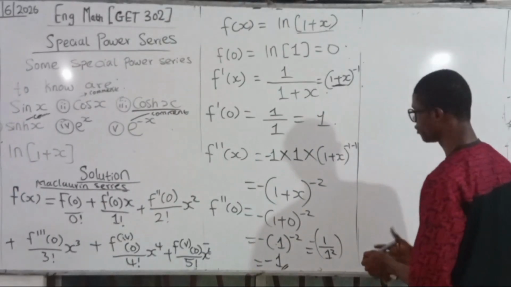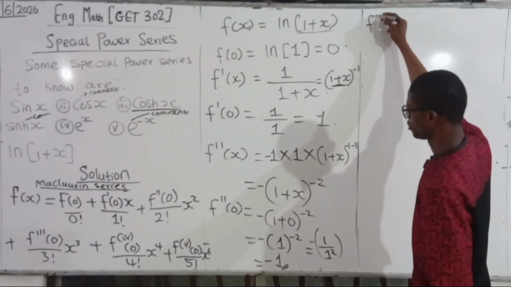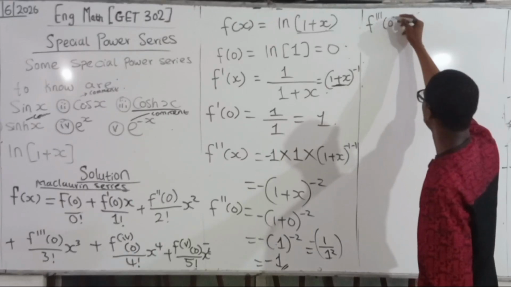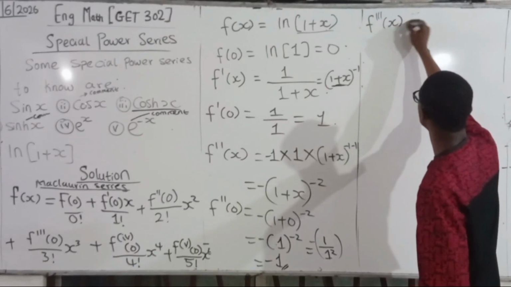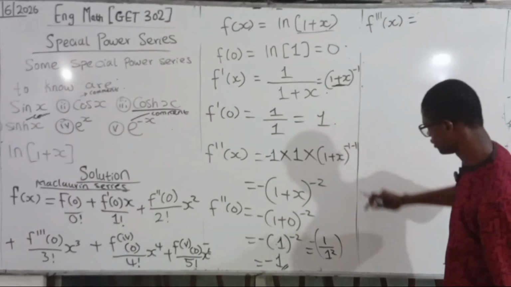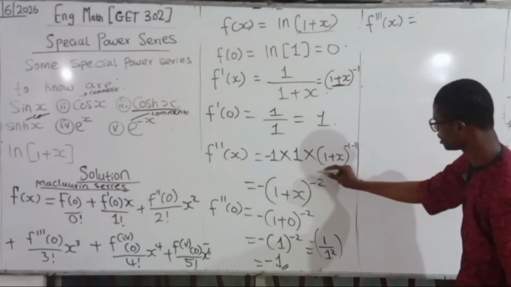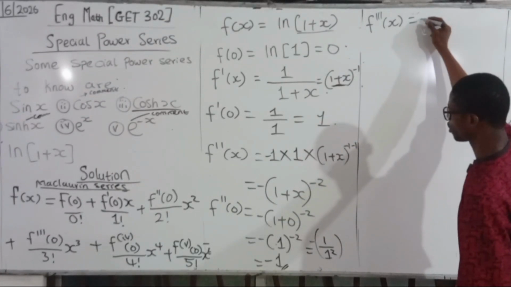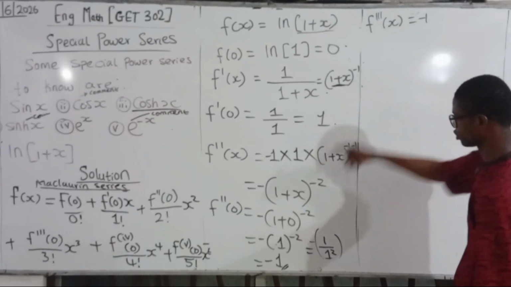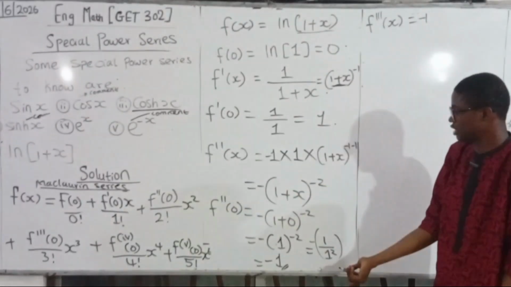So doing the next derivative, we have f double prime of x first, so that we know what it is. We are differentiating this one this time around. The same thing: the power comes down, so it becomes minus 1, because 1 was there, I just didn't make it visible.